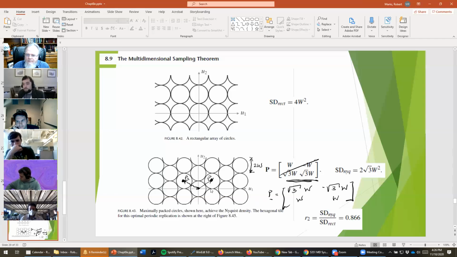Is that okay? So we go out here. No, that doesn't look right either, does it? Well, what's going to be the hypotenuse here?